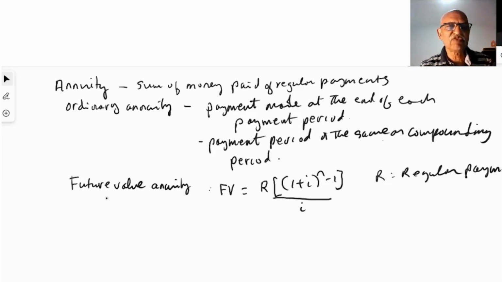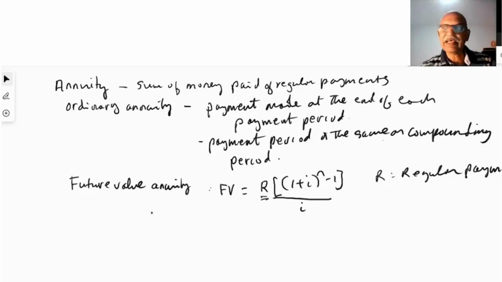So let's calculate the future value of an annuity, which means that if I regularly deposit some amount, how much will I get after a certain number of years? That's the question for future annuity.